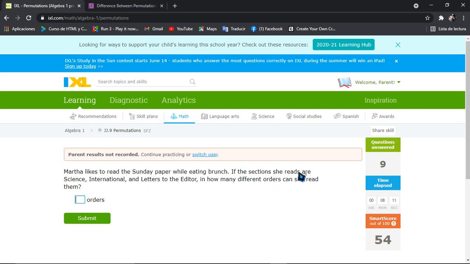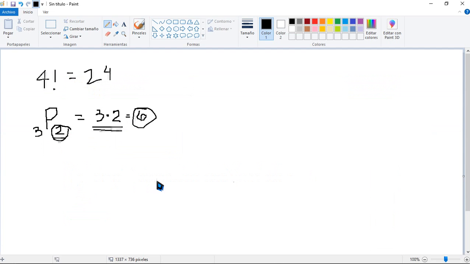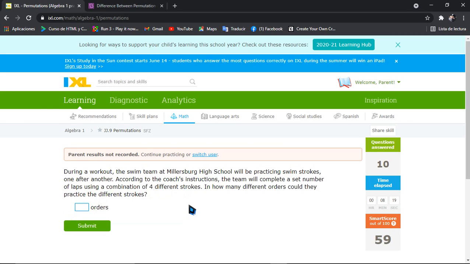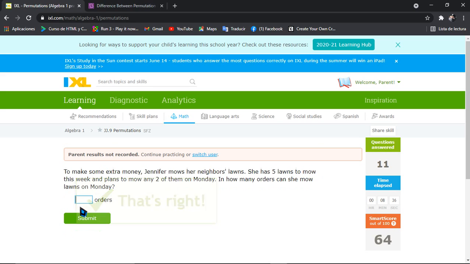If the selections are science, international, and letters, it's 3 times 2 equals 6. Then the swim team, 4 different strokes, 4 times 3 times 2 times 1. It is 24. This is something we already learned yesterday.